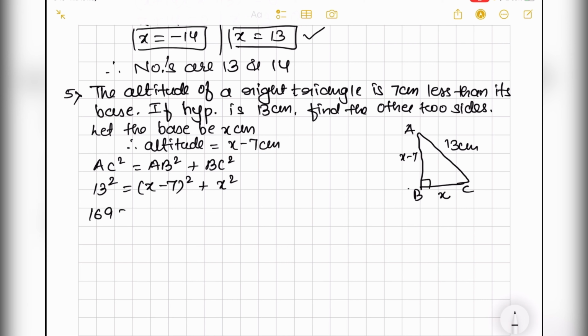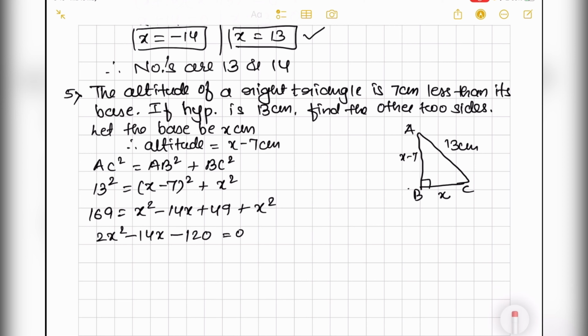So 169 = x² - 14x + 49 + x². If I solve this, I will get directly 2x² - 14x - 120 = 0. See, 169 and 49 I have subtracted and brought.